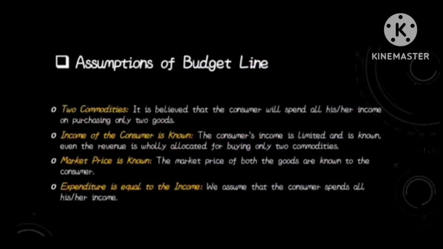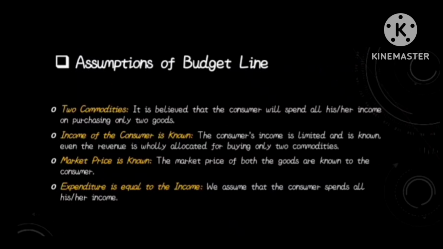So here are some assumptions of the budget line. These assumptions are compulsory for any budget line. Number one is two commodities. It is believed that the consumer will spend all of his or her income on purchasing only two goods. We should know about good X and good Y. ठीक है.